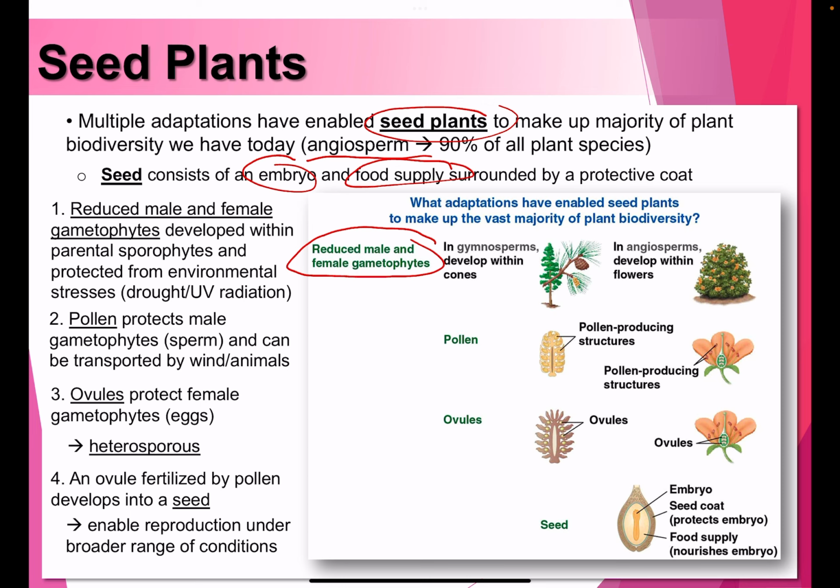It also goes with why angiosperms make up 90% of all plant species, because seeds allow for long distance colonization by these plants. So we'll talk about what all these things are within the embryo itself, okay?